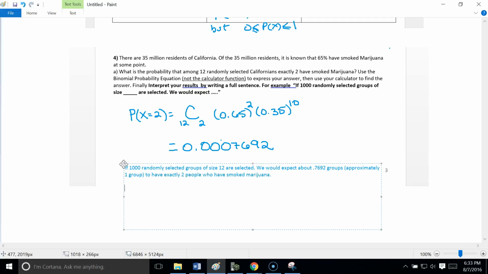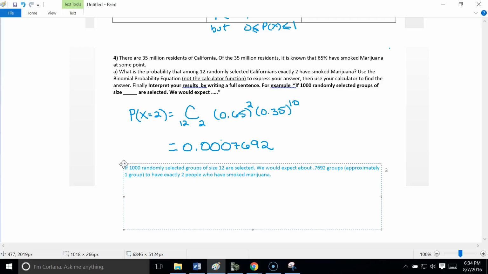If 1,000 randomly selected groups of size 12 are selected, so you have 1,000 separate groups, each one of size 12, we would expect about 0.7692 groups, or approximately 1 group, to have exactly 2 people who have smoked marijuana.